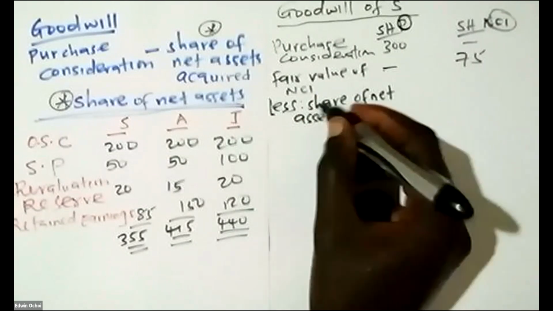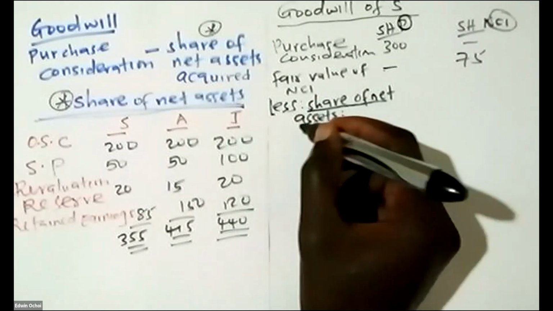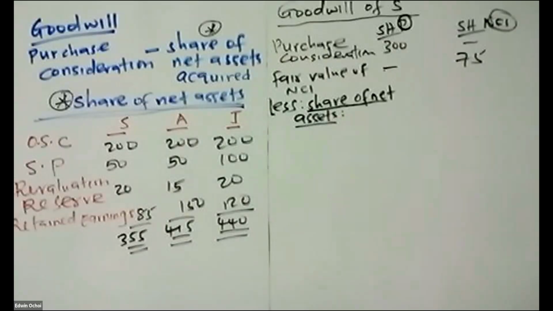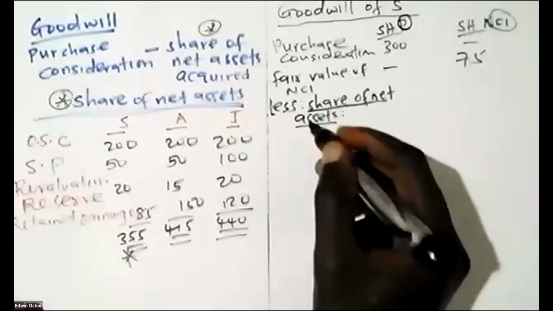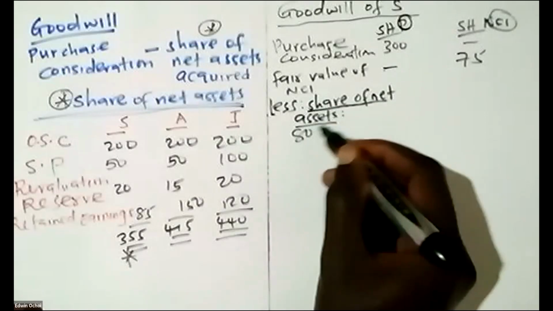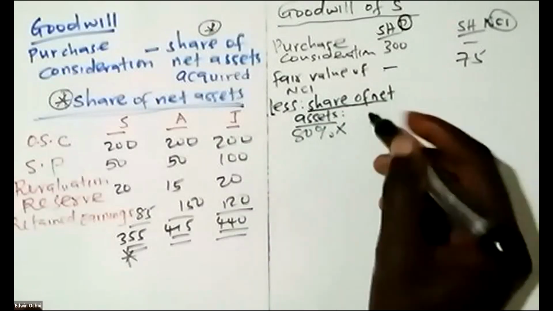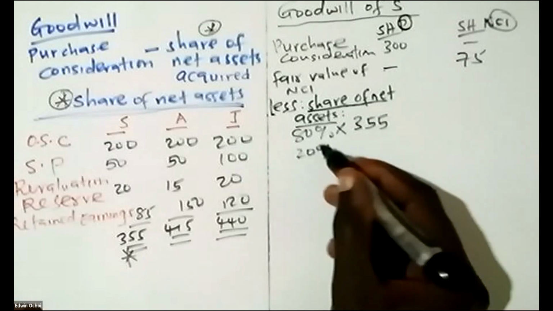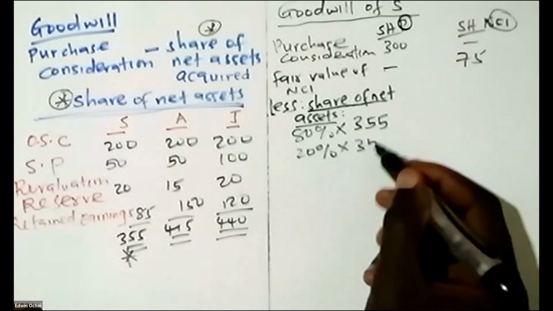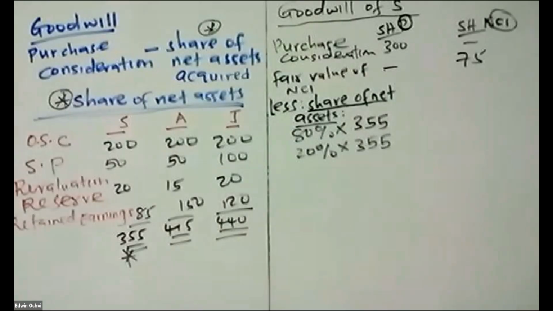So the share of net assets. We already have a book figure for S, 355, and it was an 80% controlled subsidiary. So 80% of 355, and 20%. The 20% is for the NCI, to make it 100.